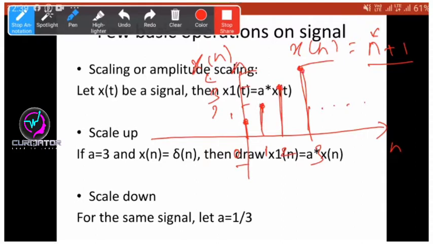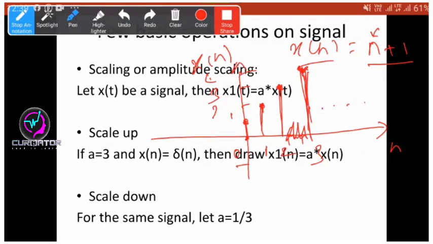It won't have a continuous value with respect to n. At specific instants, like n equal to 0, n equal to 1, n equal to 2, 3, it will have a value. In between two successive values of n, there won't be any data, there won't be any values for x of n. It will be a clear stem plot.